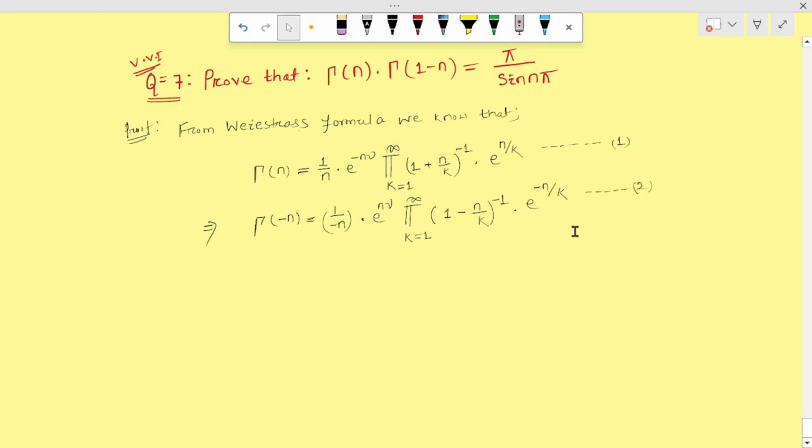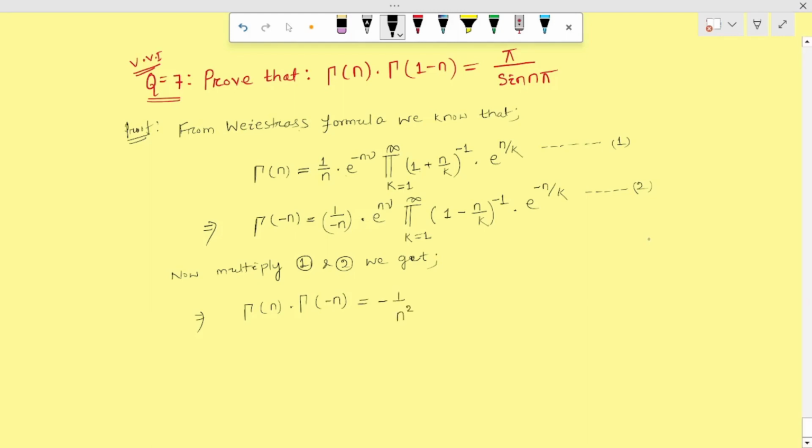Now multiply equations number 1 and 2. What do we get? Gamma n into gamma minus n will be equal to, here you can see 1 by n into minus 1 by n, so it will be minus 1 by n square.